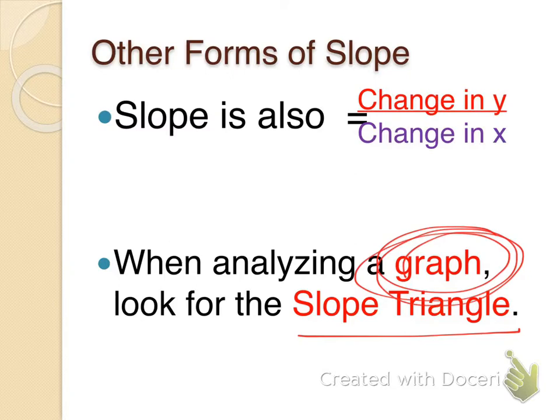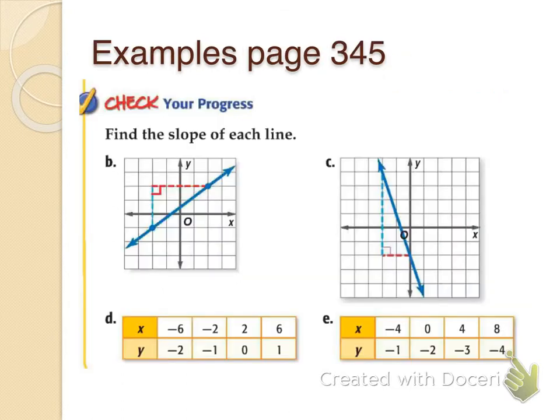If you're given a graph, we can just use a slope triangle, and I will show you how to do that on this slide. So we've got this slope triangle here, and we want to know what is the slope of this line. Well, I can tell you, since it is going up from left to right, that it's going to be positive. Okay, so we're going to do the rise first because we know that slope equals rise over run.